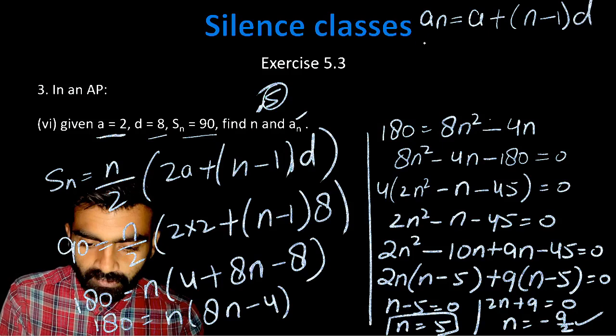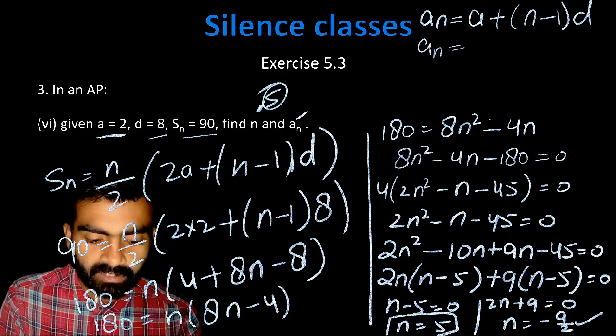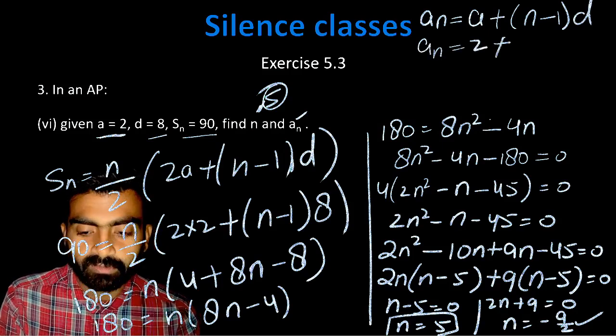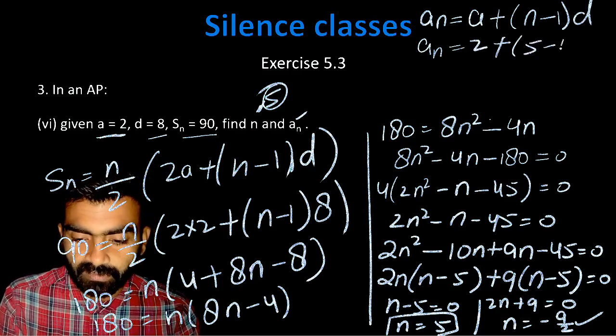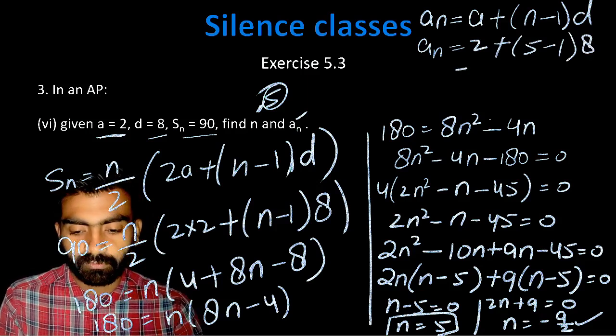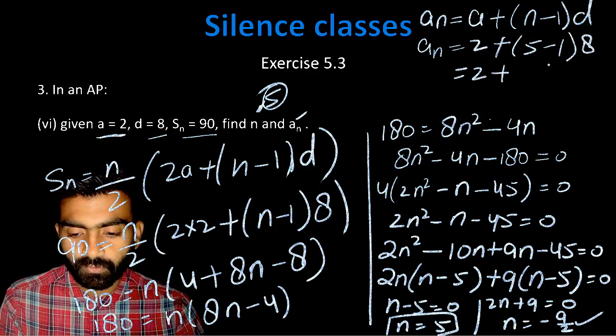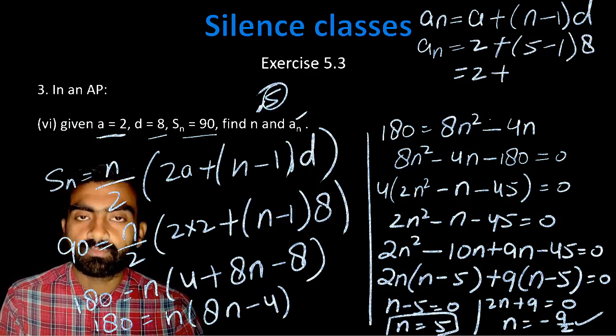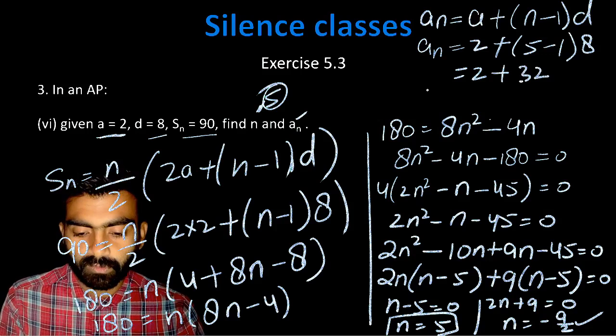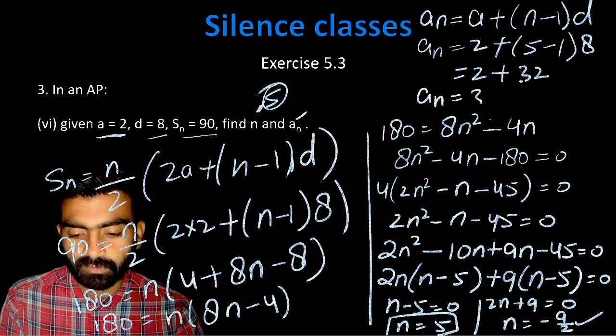So an, we have to find. a we are having, that is 2, plus n we have already got, that is 5 minus 1, and d is 8. So we will get 2 plus 4, 5 minus 1 will become 4, and 4 8s are 32. So an is equal to 34, and this is the answer.